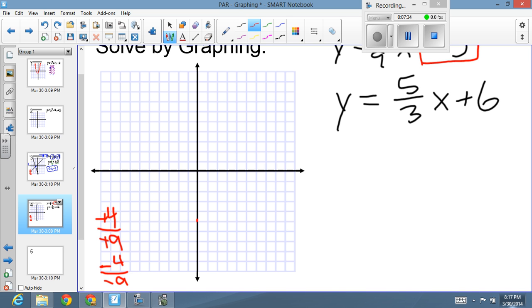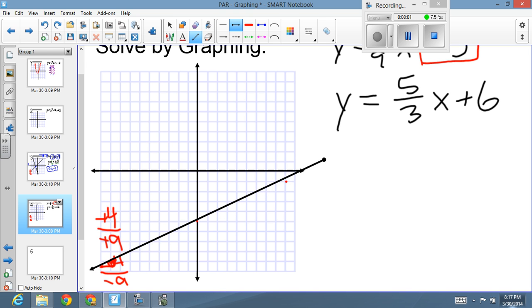So I can either go, remember we're talking rise over run, up 4 to the right 9, 1, 2, 3, 4, 1, 2, 3, 4, 5, 6, 7, 8, 9, right about there. Or I can go down 4 and back 9, which would have me over here somewhere. There's my first line.